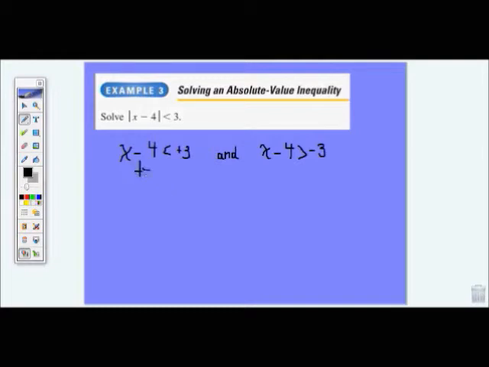Same thing in solving: get our like terms together, adding 4 to both sides. And that's going to be true over here as well. So that is the same step. However, our quantity is going to be different. This one's going to be that x is less than 7.